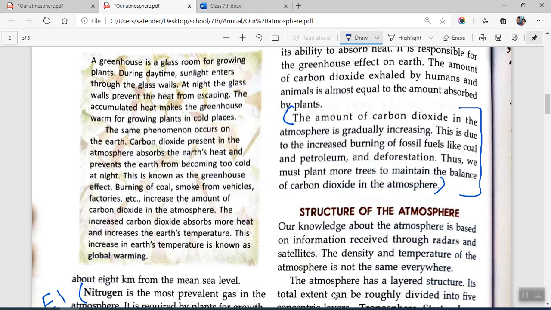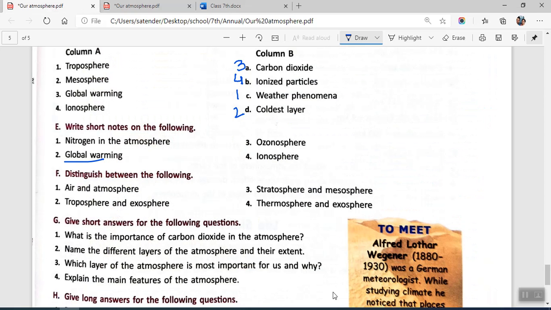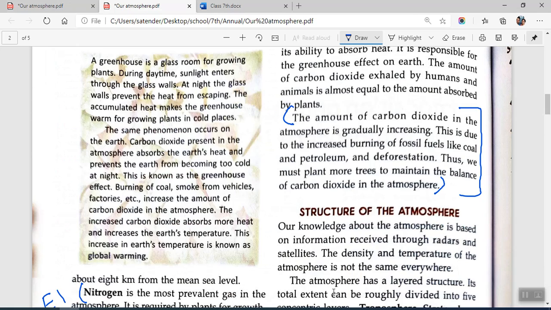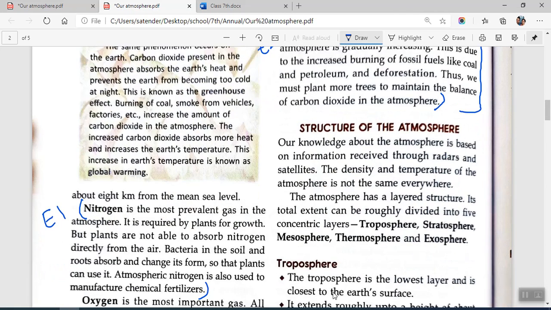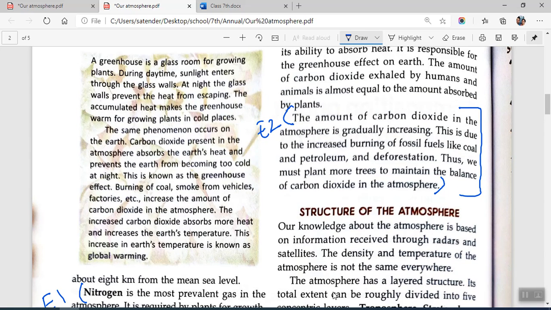The word is not used, but this is related to global warming only, because the amount of carbon dioxide is increasing, which is leading to global warming. So you can write this as part of your second answer. E2, you'll be writing this as part of your global warming.